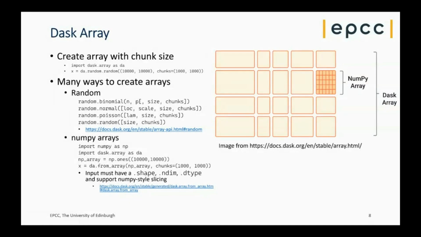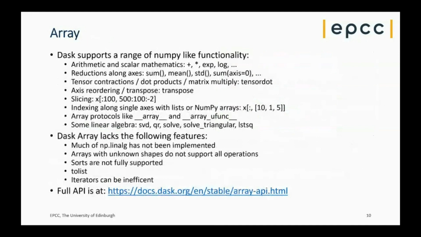In Dask, unless you force it otherwise, that x object will have been created, but this data set will not exist yet. So the object will just be a definition: I'm going to be created in the future, of size 10,000 by 10,000 and in chunks of 1,000 by 1,000. But until we do some work on that and need a result from it, it won't actually exist.